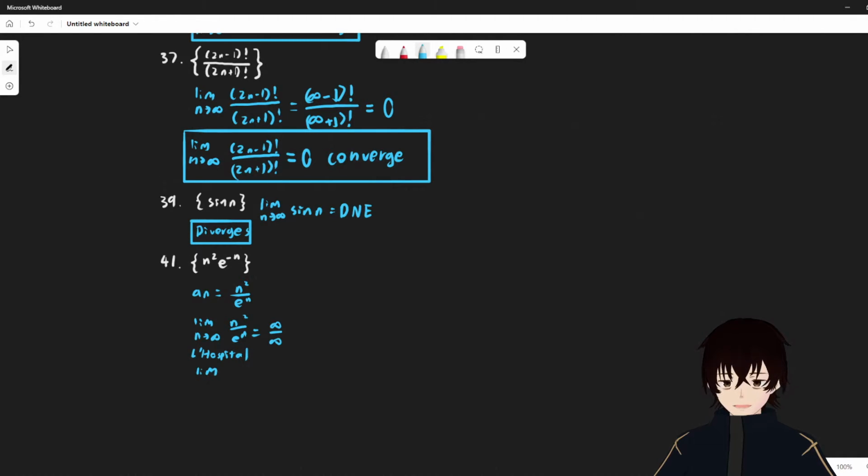And we get the limit of 2n over e to the power of n, still infinity over infinity. We do L'Hopital again.